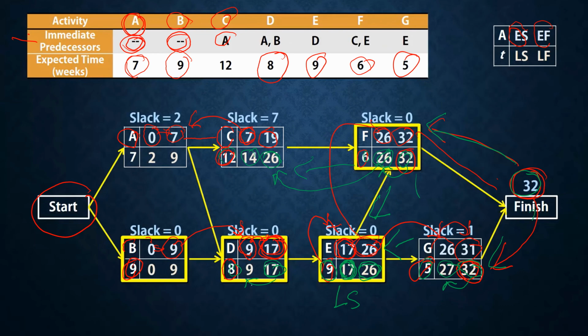And B will late finish at 9. A has two paths. We will select the lowest one, which is 9 from D, so we'll late finish at 9. Minus 7 is equal to 2.